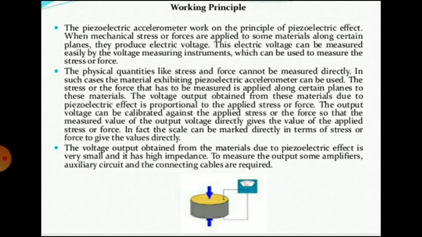So when mechanical stress or forces are applied to some materials along certain planes, they produce electric voltage. This voltage can be measured easily by voltage measuring instruments, which can be used to measure the stress or force.